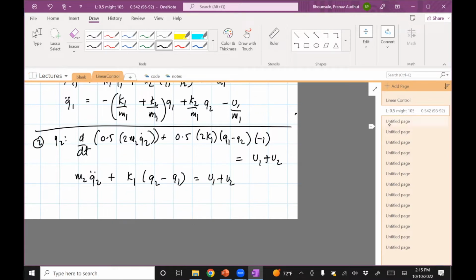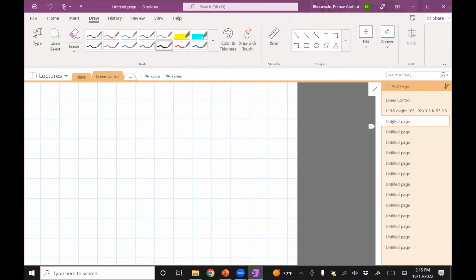And so I'll simplify this as Q2 double dot equals K2 divided by M2 Q1 minus K2 divided by M2 Q2 plus U1 divided by M2 and then U2 divided by M2.